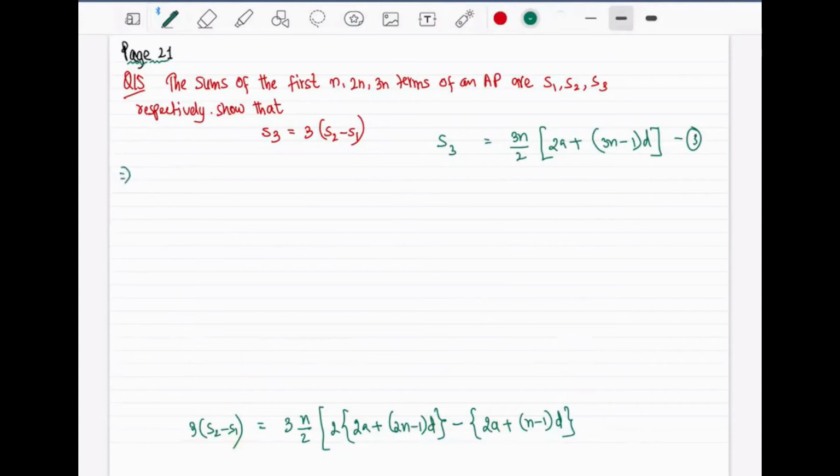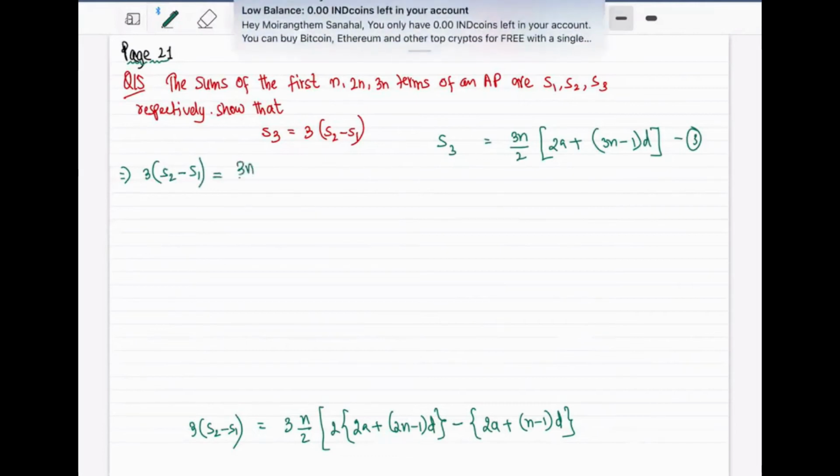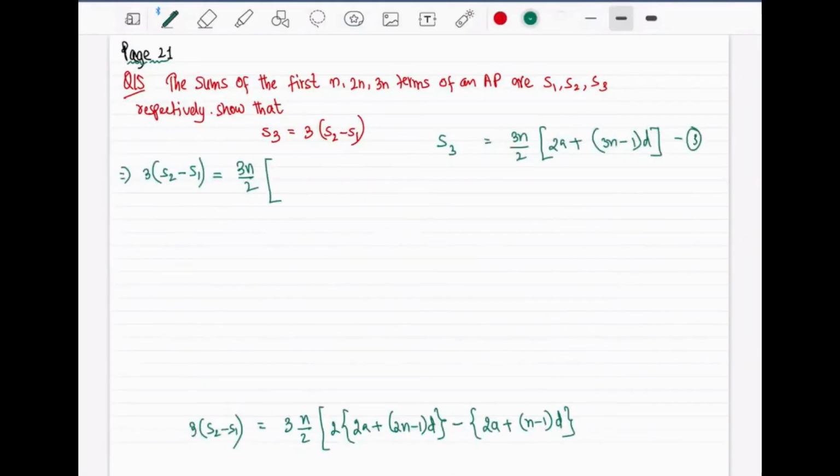Implies that we are calculating 3s2 minus s1. So what we have got on the right hand side is thrice n divided by 2. And let's open this bracket and this bracket. This can be opened just by multiplying the sign. Multiply minus and plus, we get minus.